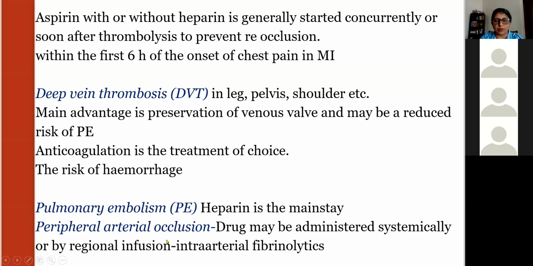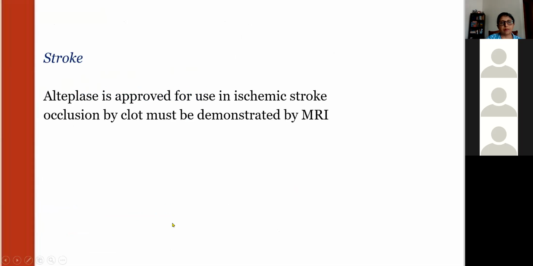Then peripheral arterial occlusion. If there is some occlusion in the artery, we can give it by systemic therapy or by intra-arterial injection directly into the artery where the occlusion is. So first one was MI, then deep vein thrombosis, pulmonary embolism, peripheral arterial occlusion.